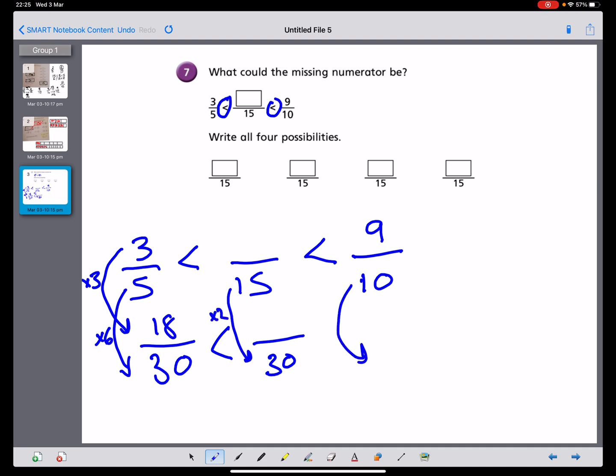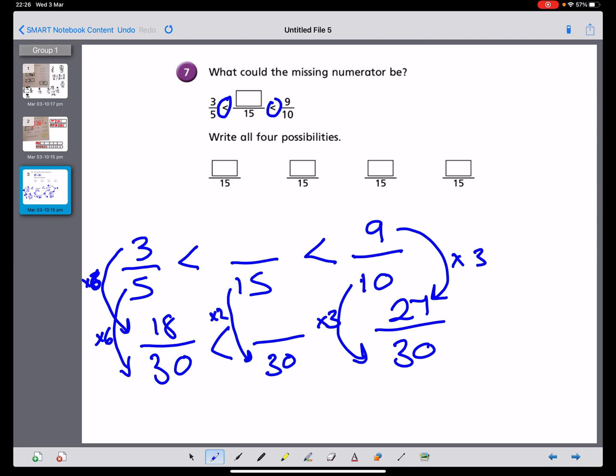Don't know what my top number is yet. 10 I multiply by 3, which means I need to multiply 9 by 3 as well. That should have been a 6 over there. 9 3s are 27.